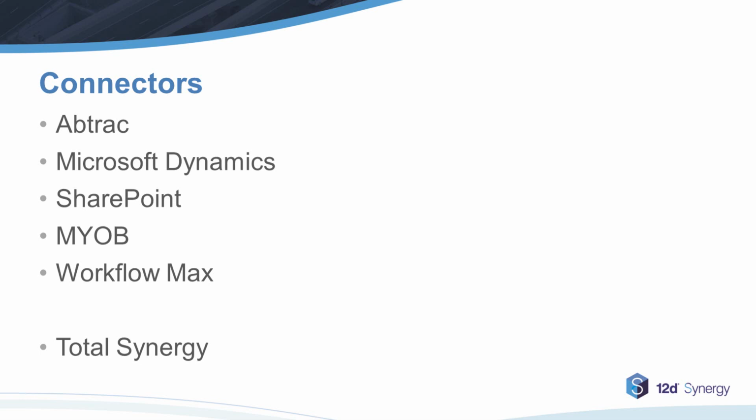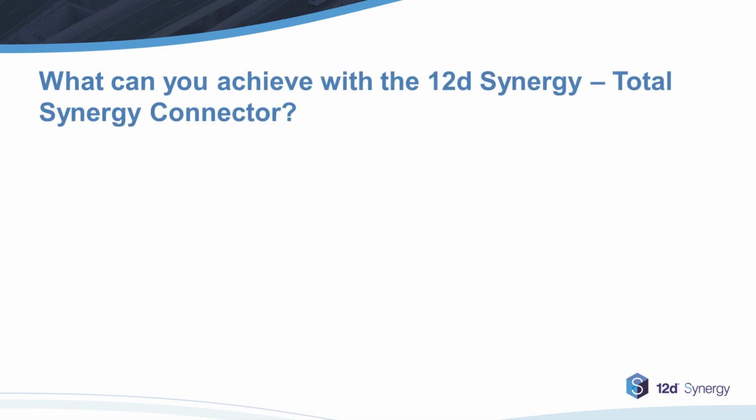So the Total Synergy Connector. Customers were telling us how there seems to be an overlap of data inputs into 12D Synergy and Total Synergy. As we preach the single source of truth, duplicate data input went against our beliefs. We reached out to the Total Synergy team, who loved the idea of an integration between the two products. So what can you achieve with the 12D Synergy Total Synergy Connector?